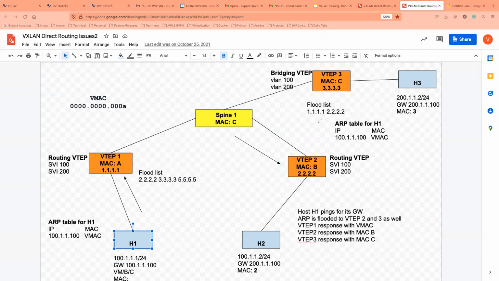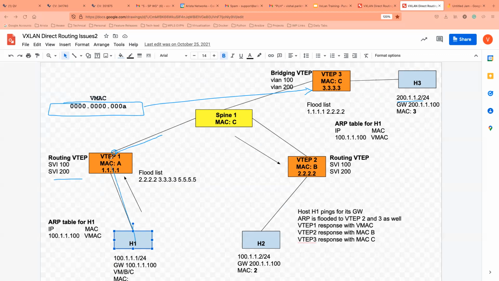There is one more. As we discussed, the virtual MAC is configured on all the VTAPs. Now let's say this virtual MAC is also configured on the bridging VTAP. In case of a virtual IP address, H1 wants to communicate to H3.